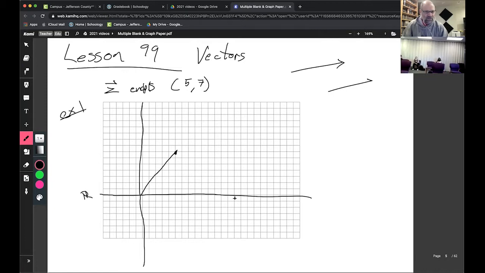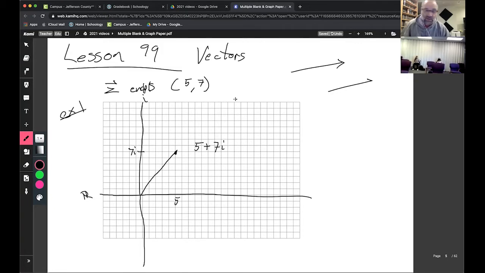So this is the real number axis, and this is the imaginary number axis. So for example, this could be basically 5 plus 7i, okay? So this is 7i, and then this is 5 here.